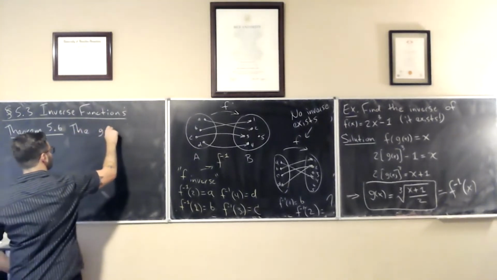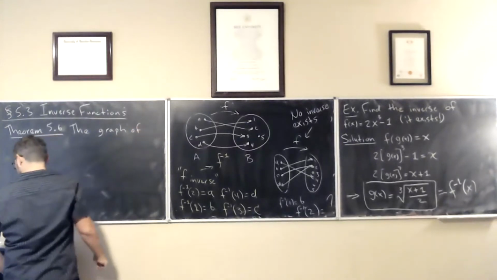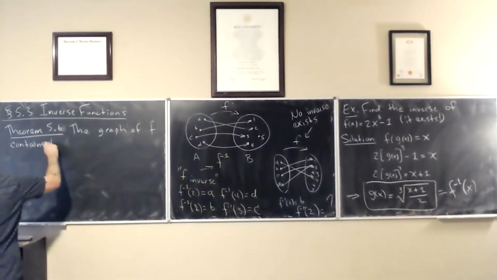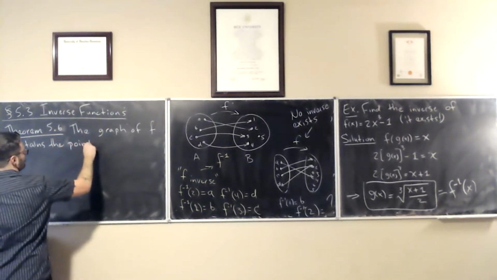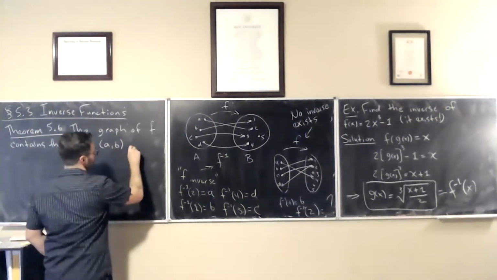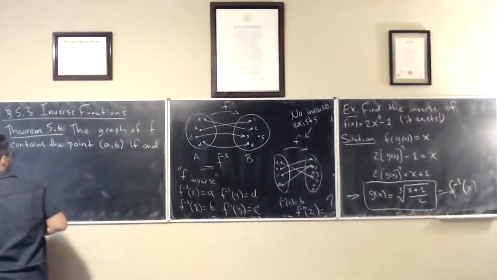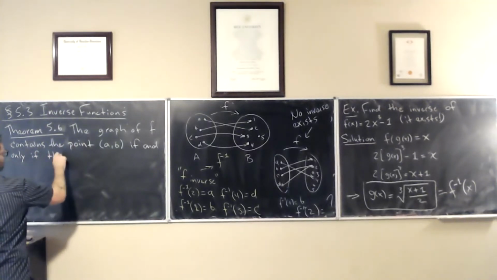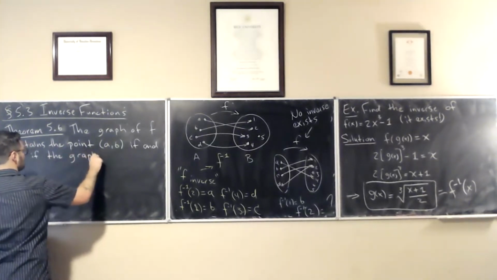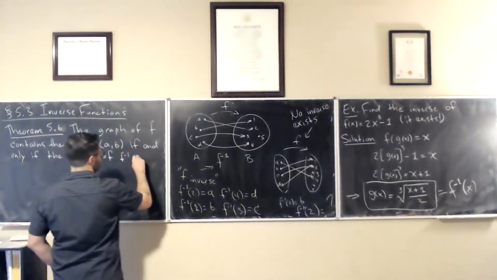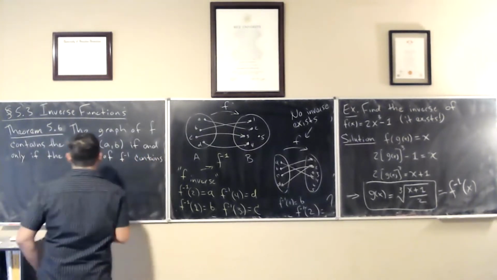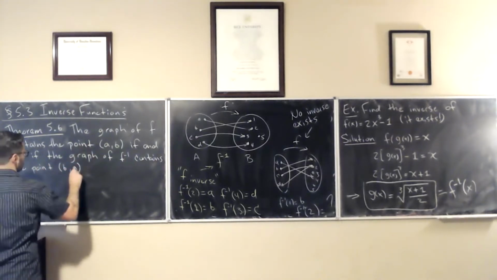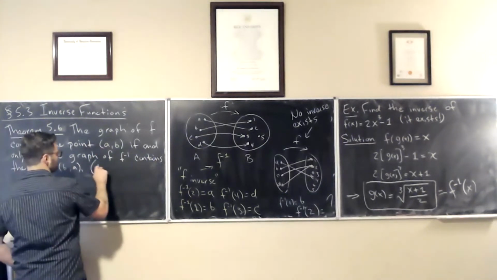The graph of f contains the point (a, b) if and only if the graph of the inverse, so the graph of f inverse, contains the point (b, a). And I should put in parentheses, assuming the inverse exists.